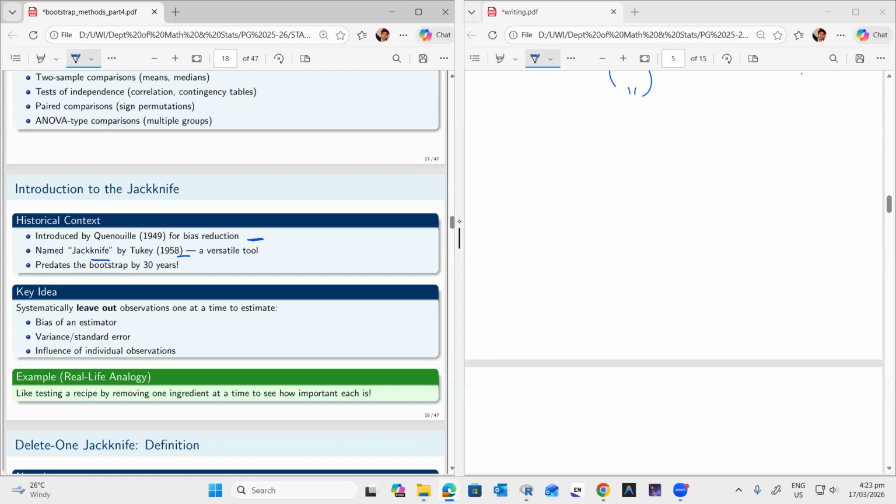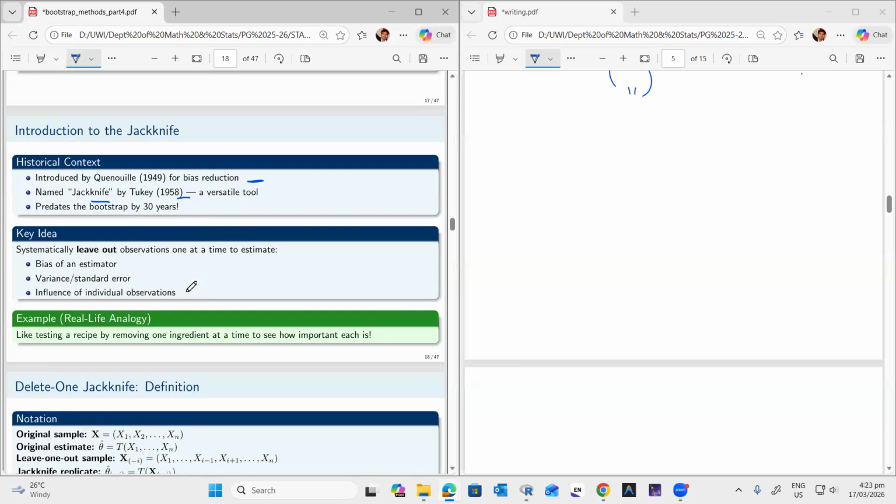So what is the key idea of the jackknife method? The systematic leave-out of observations one at a time to estimate. The jackknife operates by creating n new data sets.